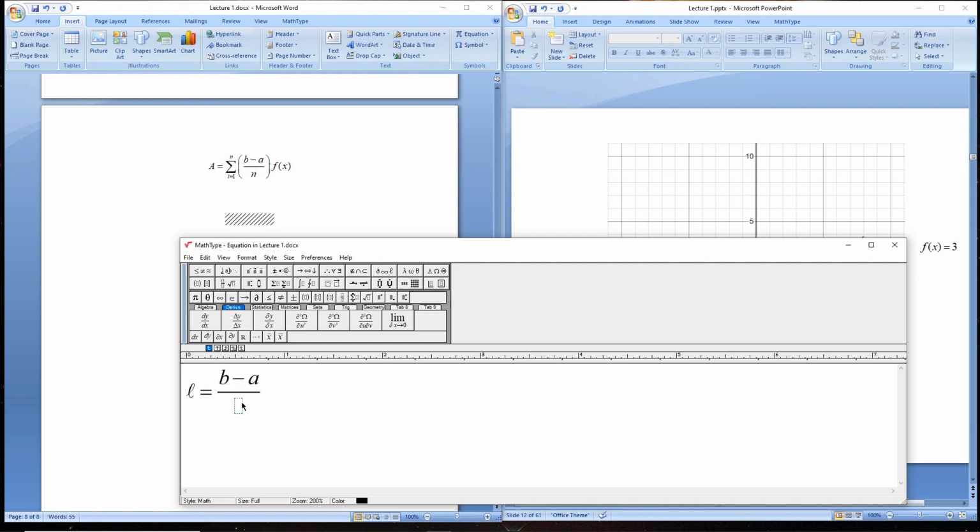But L is not commonly used for this expression. What is commonly used, though, is delta x. So again, another algebra expression using the delta symbol, which means change in x. And so we have delta x is b minus a over n. And we're just going to replace L now with delta x, because that's the common thing to do.